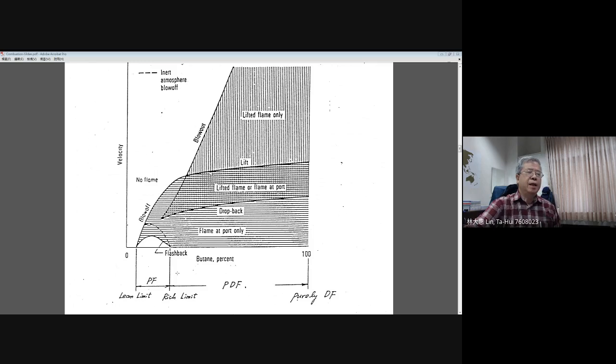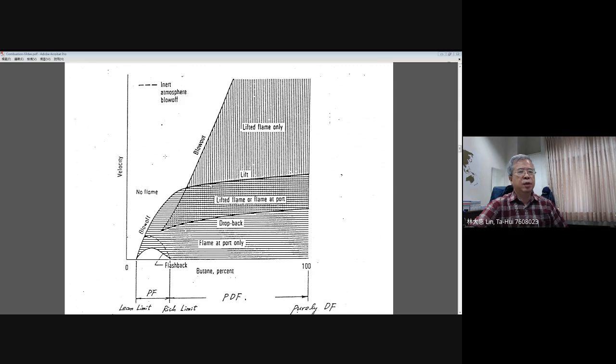Okay, and here you understand that when you have a flame stabilized on the port of your burner, this flame will experience the two limits for a given equivalence ratio. Let me explain a little bit. And here in this plot, let me show you the first assumption, the first criterion here. The broken line represents the inert atmosphere blow off.